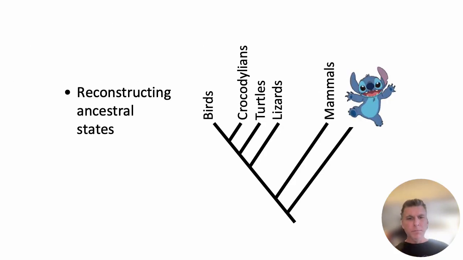Okay, so our last big section is going to be on reconstructing ancestral states. So this involves taking some group that you're interested in. In this case, this set of amniote taxa are reptiles and are mammals. And you want to know what the root state was, what the ancestral state was at some particular part of the tree.